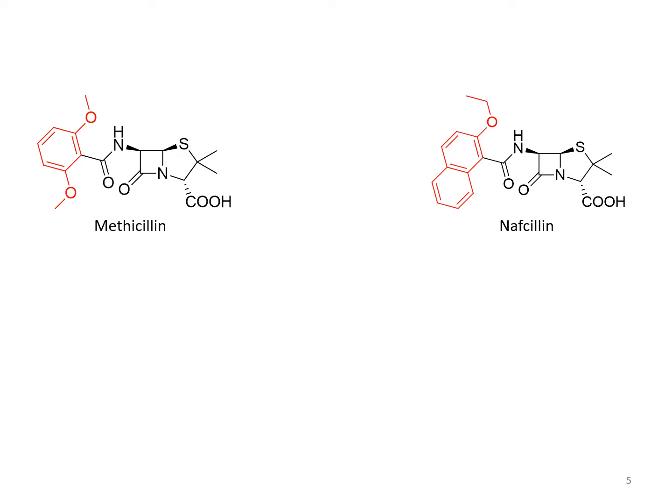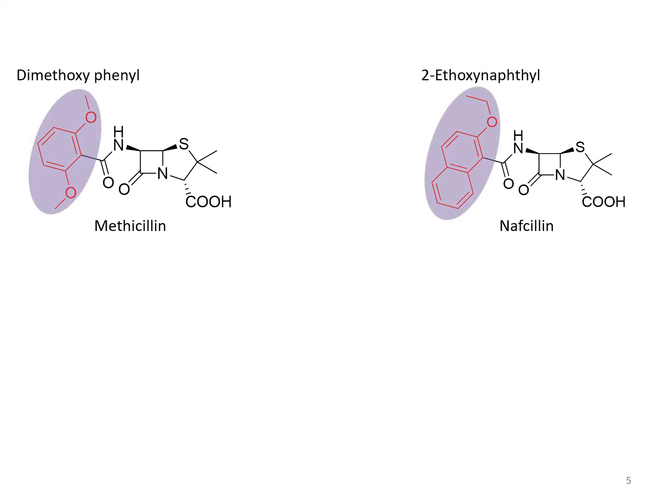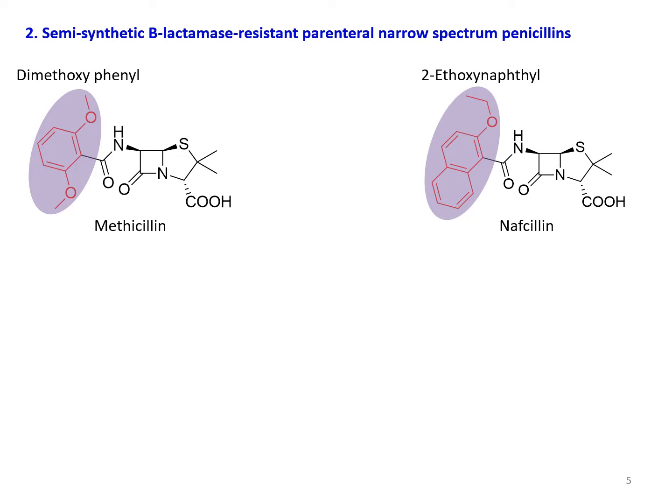The next group includes methicillin and nafcillin. The amide side chains, which are dimethoxyphenyl in methicillin and 2-ethoxynaphthyl in nafcillin, are bulky, electron-donating, and lipophilic, which means that methicillin and nafcillin are beta-lactamase resistant, parenteral, and have a narrow spectrum of activity.